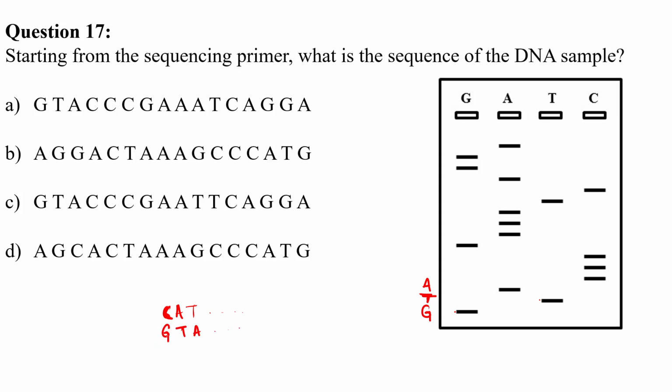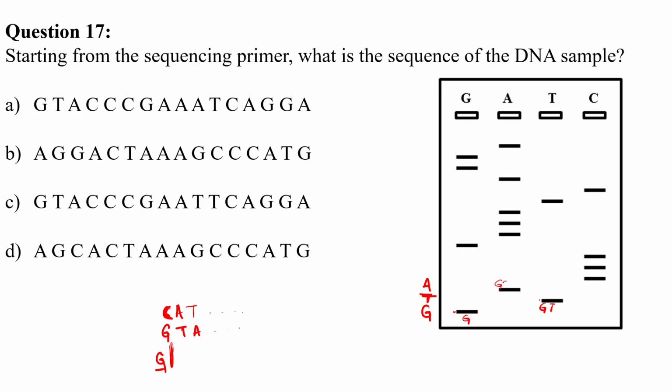So whenever the incorporation happens, let's say dideoxy GTP is added, the chain termination will happen here, and we will get the smallest fragment, that is single nucleotide G. Then once dideoxy TTP is added, the chain termination will happen here, and this fragment is GT.